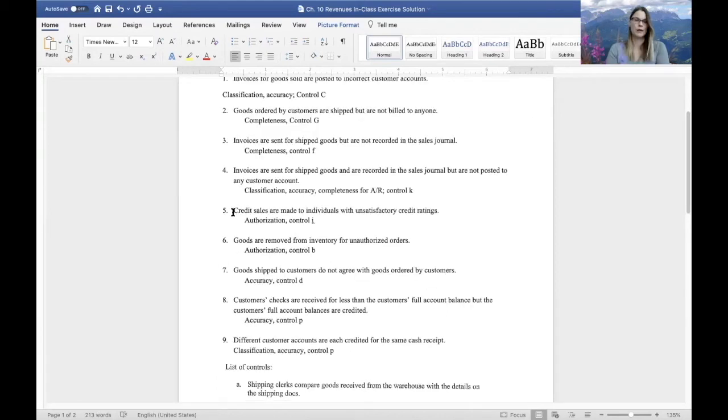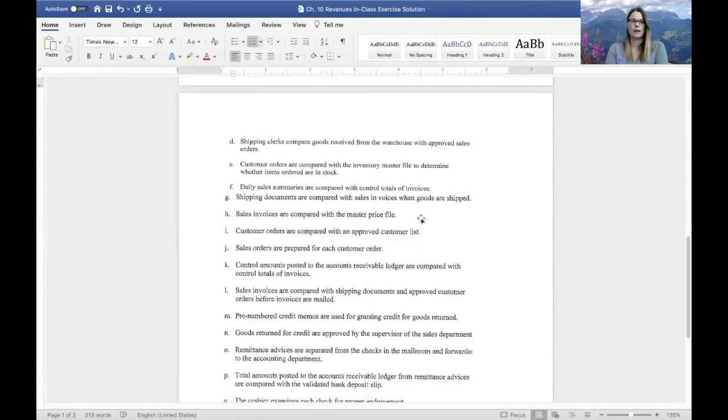Risk number 5. Credit sales are made to individuals with unsatisfactory credit ratings. Okay, so clearly for this one we want some kind of a control that is going to involve customers' credit being checked, something like that.